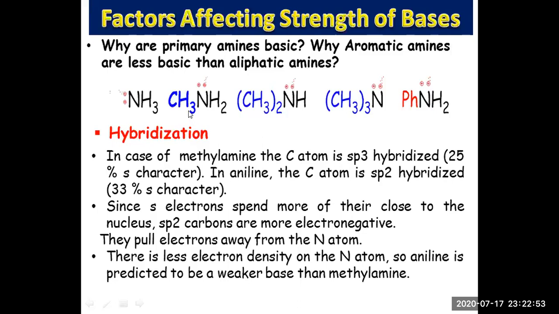In case of primary aliphatic amines, this pair of electrons is pulled less as compared to aromatic amines, and therefore aliphatic amines will be more basic as compared to aromatic amines, because in aliphatic amines nitrogen is attached to sp3 carbon, whereas in aromatic amine, the nitrogen is attached to sp2 carbon.